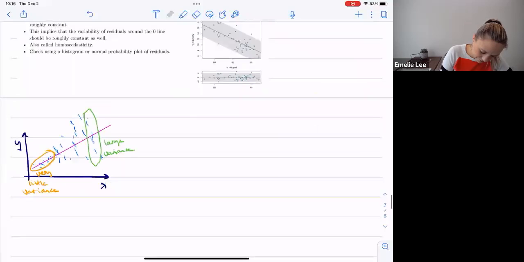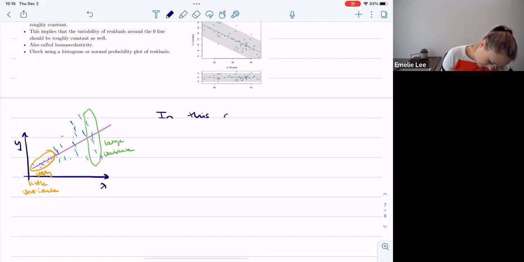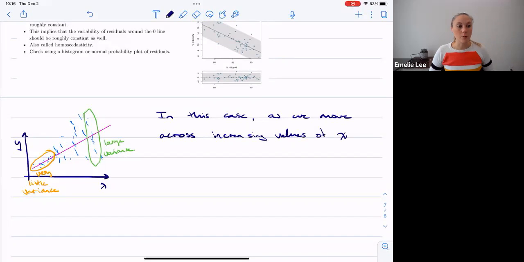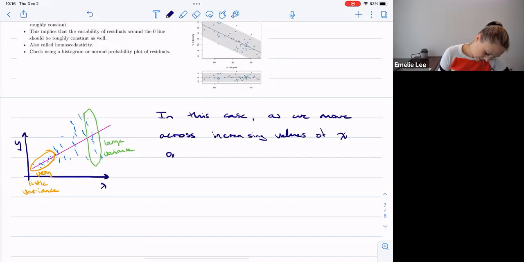So in this case, as we move across increasing values of x, our predictions become less reliable. We don't have that constant reliability.